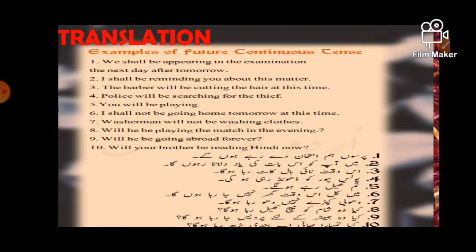Now I will read in Urdu. परसों हम इम्तहान दे रहे होंगे. Here you can see, guys, रहे होंगे. It is not देंगे. So दे रहे होंगे means at the end of a future continuous tense sentence it will be रहे होंगे, रही होगी, रहा हूँगा, रहे होंगे, and so on.